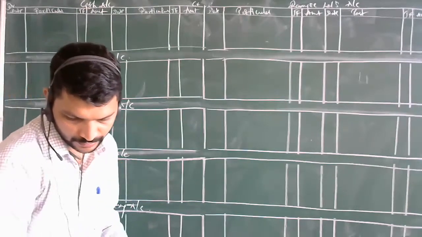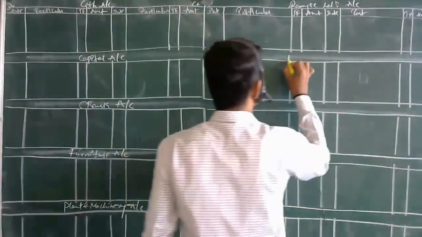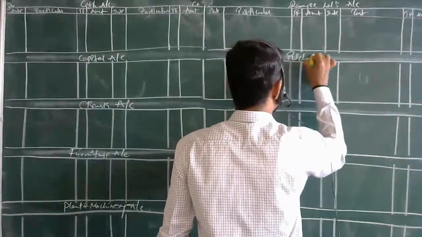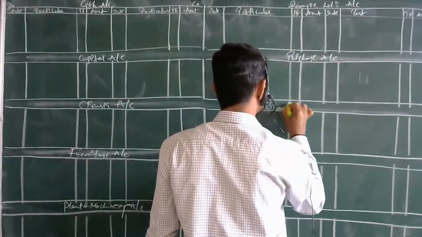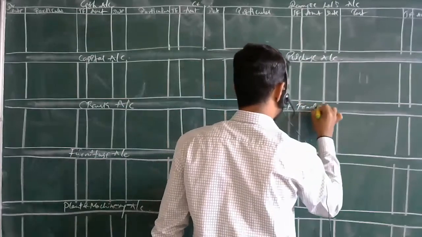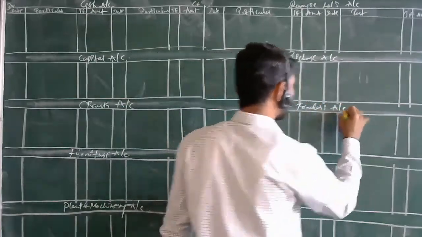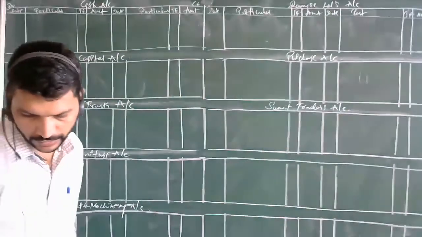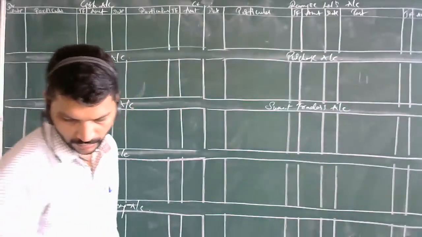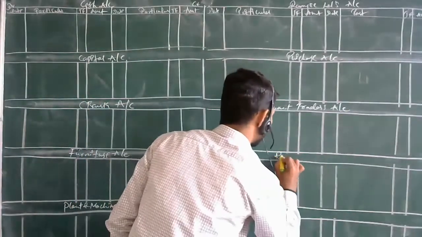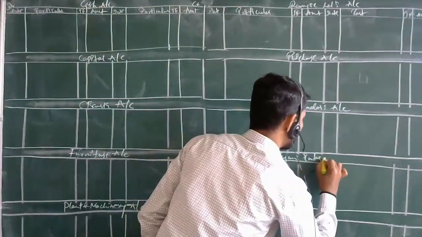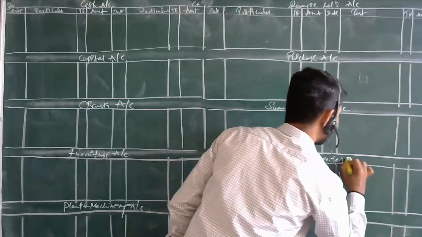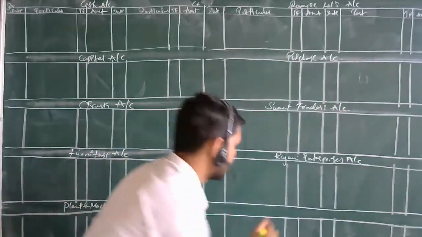Then next, Ramjilal, purchase account. Purchase account, one more. Sumit Traders account, one more. Then Rajni Enterprises account. The last one will be sales.